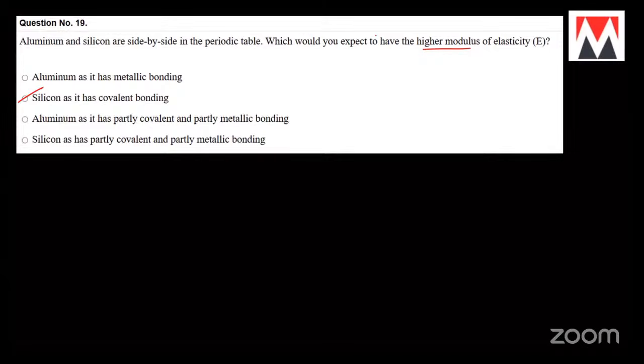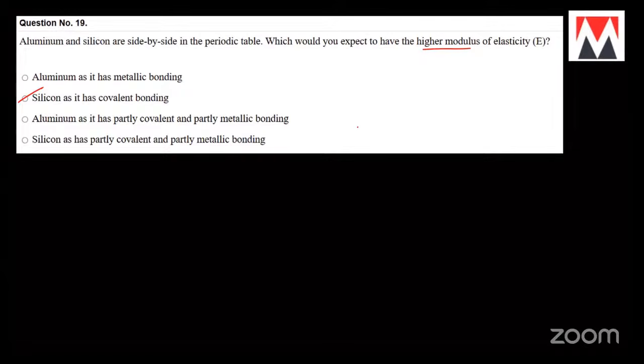More strength means more elastic bonding; a higher modulus of elasticity means the strength of the bond should be higher. That is why steel is more elastic than rubber. The bonds in steel won't break, and they can get formed again up to some extent.